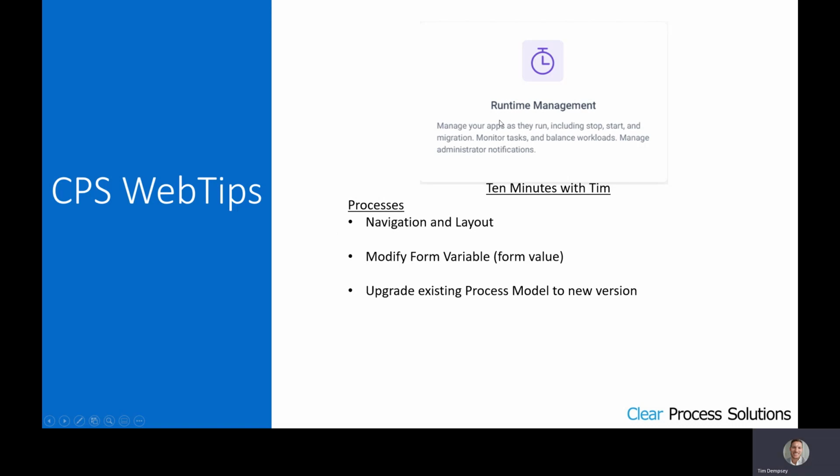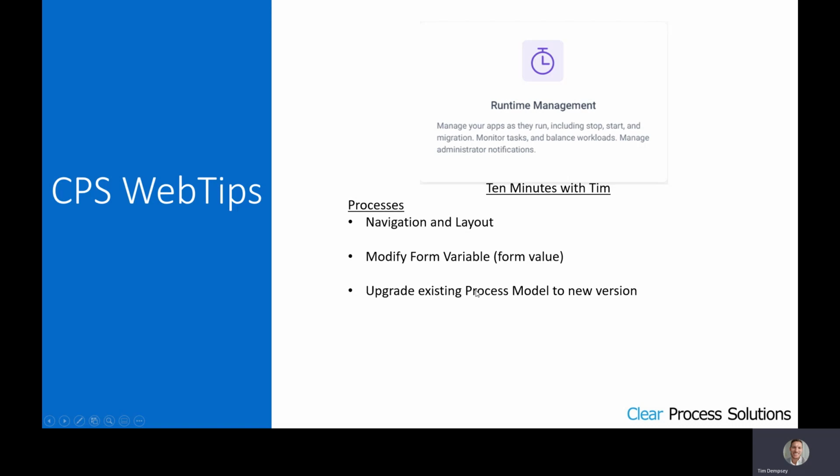So as you know, the runtime management is located within the Manage tab in the ribbon of AgilePoint. And we're going to be walking through the navigation and layout at a high level. And then we're going to start working with our processes. So I'm going to show you how to update a form value of a request uninterrupted to the end user or to the process.